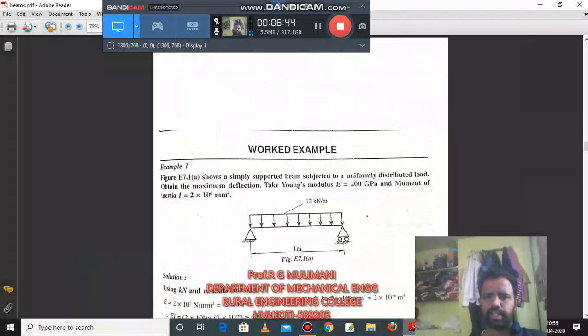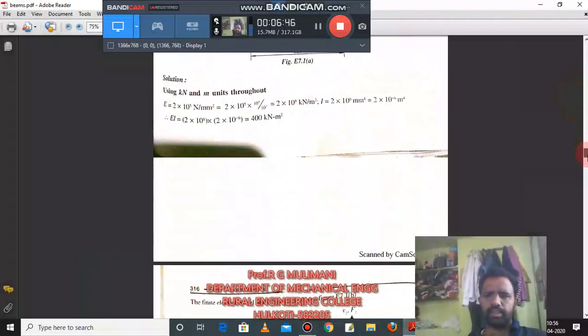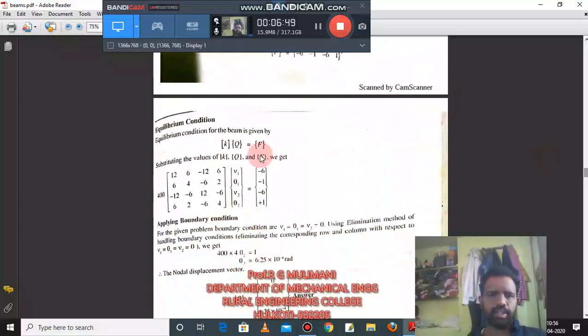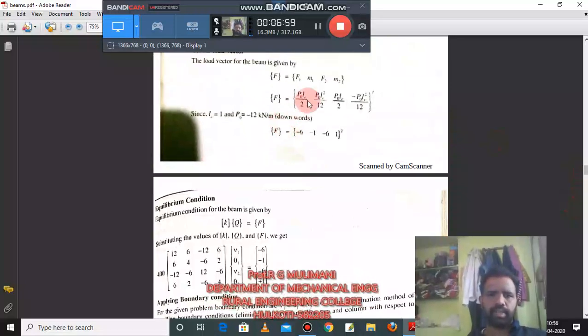This is the force vector. You arrange in the KQ form, where K is the stiffness matrix and Q is the nodal displacement for the element 1, and F is the force vector. Substituting P naught and LE values in all these terms, we have this vector.